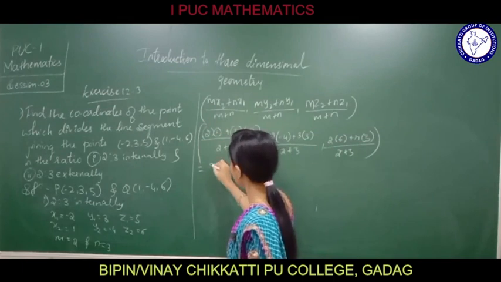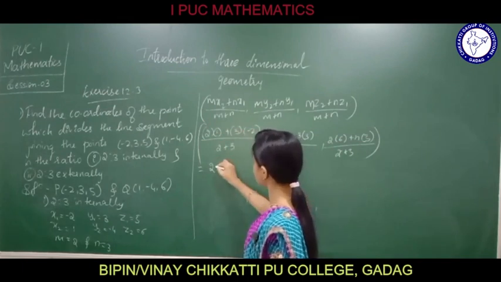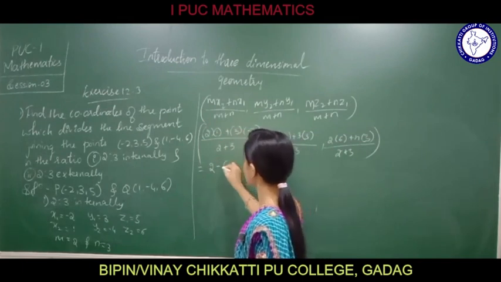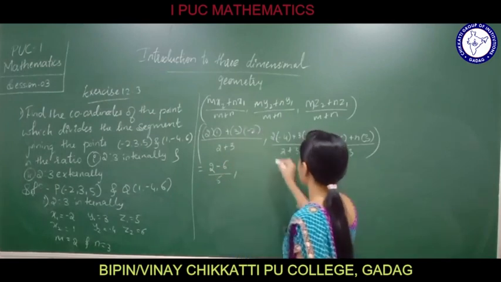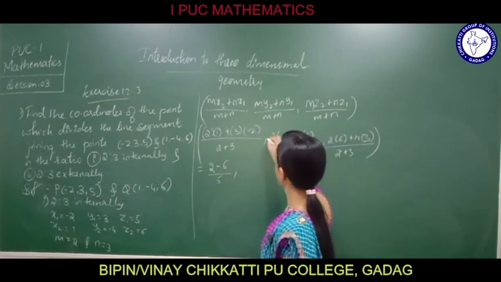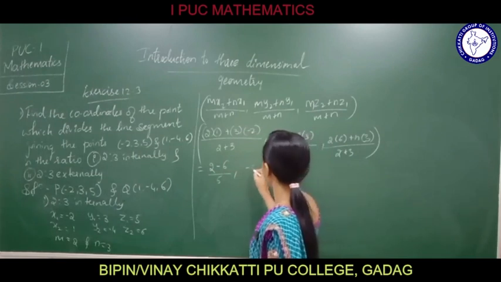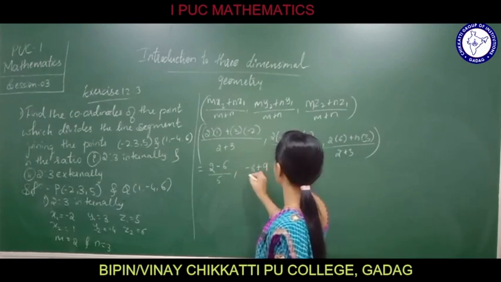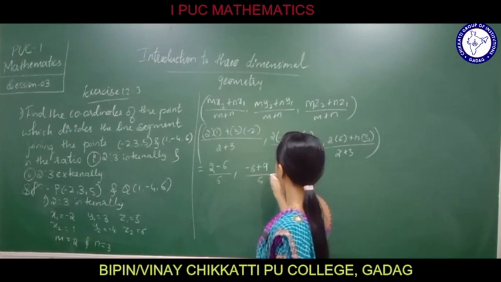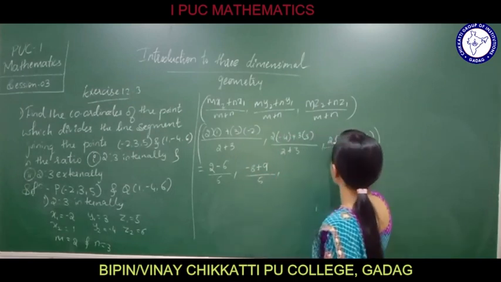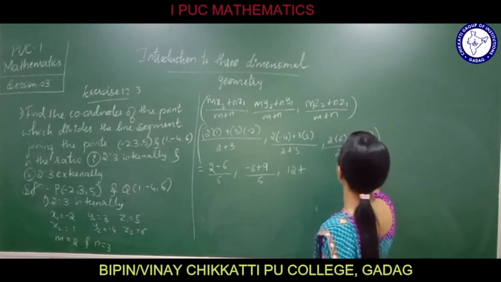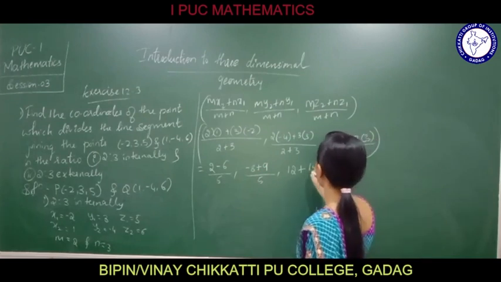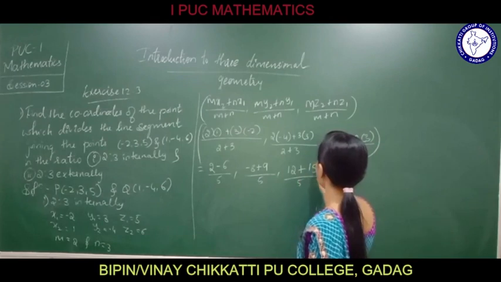2 ones are 2, plus into minus is minus, 3 twos are 6, divided by 2 plus 3 is 5. Next, 2 fours are 8, plus into minus is minus, minus 8 plus 3 threes are 9, by 5. Next, 6 twos are 12 plus, what is the value of n? N is 3. 3 fives are 15, divided by 5.